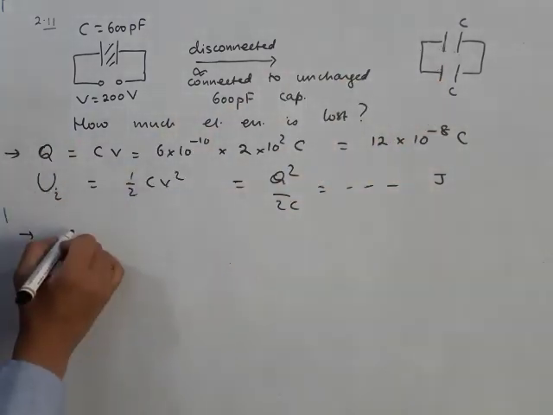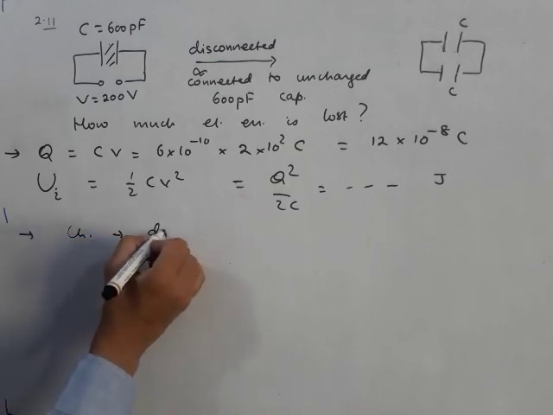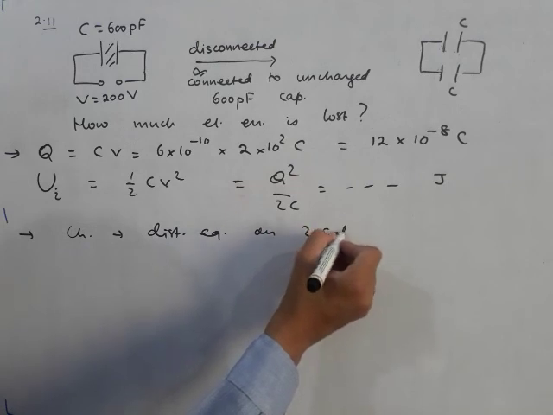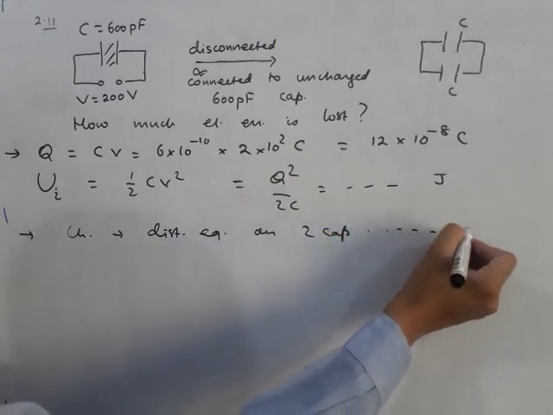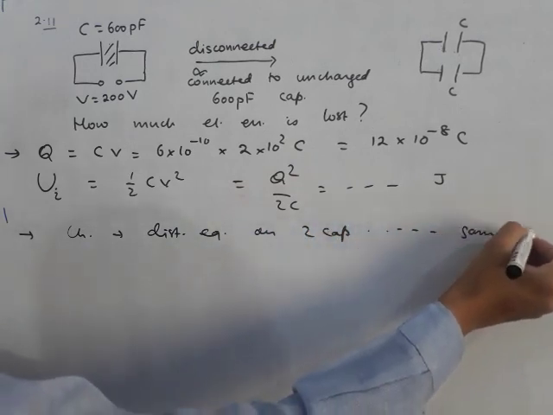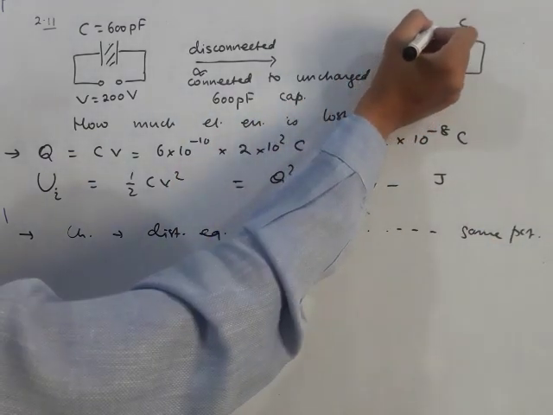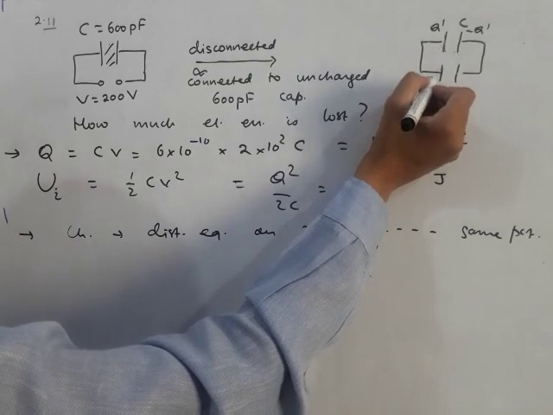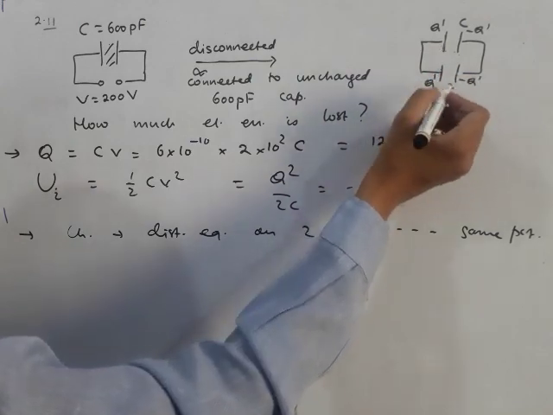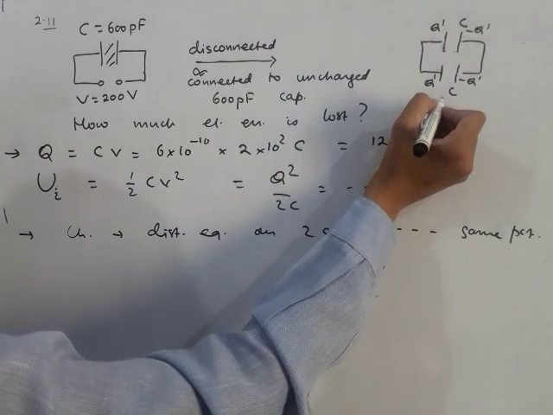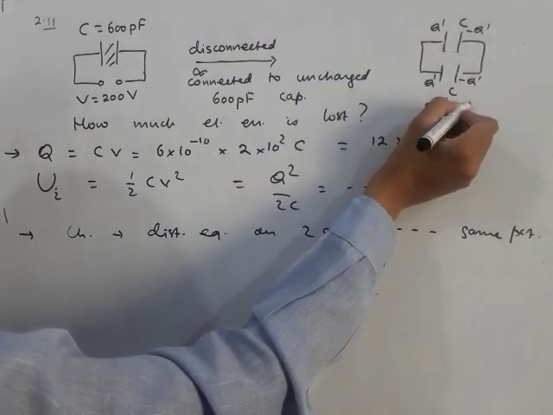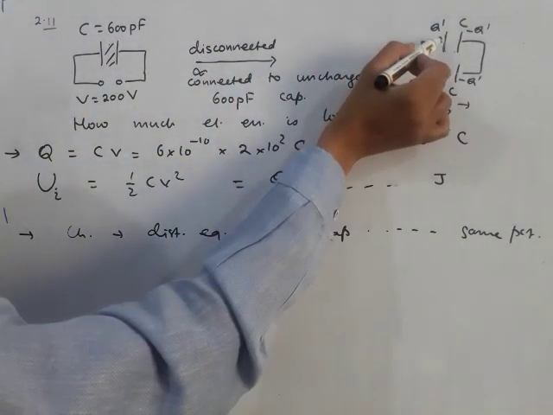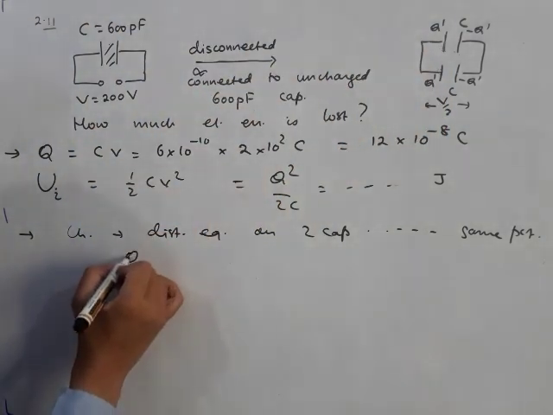So charge would distribute equally on the two capacitors, and they will be at the same potential also. Let this charge on the capacitor be Q dash, this will become minus Q dash, this will also be Q dash, this will be minus Q dash, and the potential difference between the plates of the capacitor will now be V by 2, because the charge on each plate has become Q dash, which is how much?